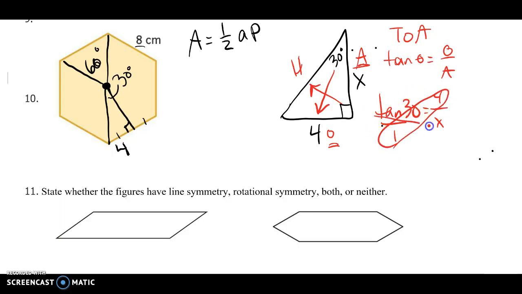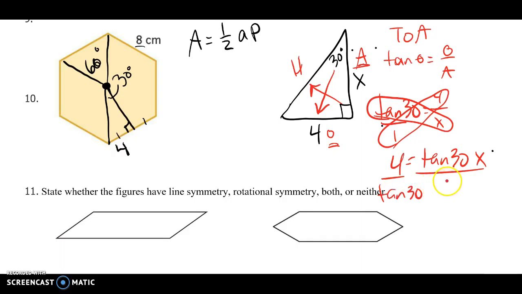This guy and this guy. So 1 times 4, that'll just give us 4. And on the other side, we'll have tan of 30 times x. So then our last move is to divide by tan of 30 on each side. So what we're left with is, tan of 30 and tan of 30, they're going to cancel, make 1. So we're going to have x equals 4 divided by tan of 30.